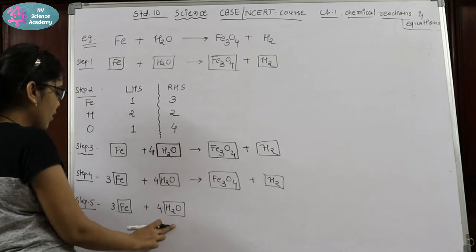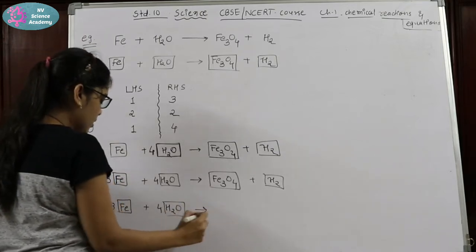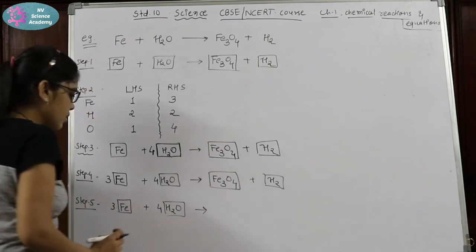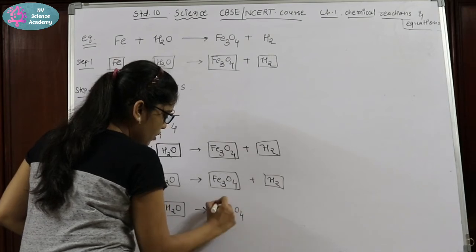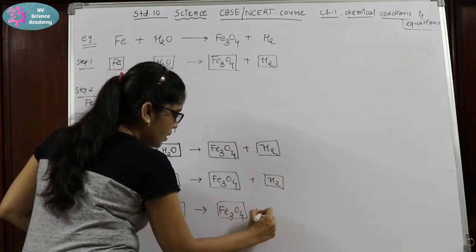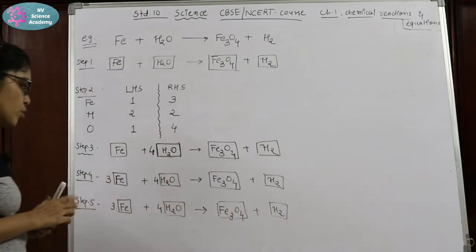You have to write the equation which you have balanced in your last step. Okay, remember this always. Fe3O4 plus H2. Now it is time to balance the hydrogen atom.